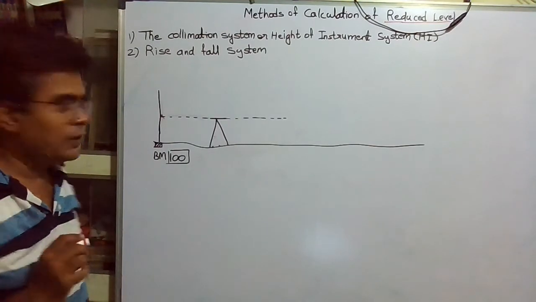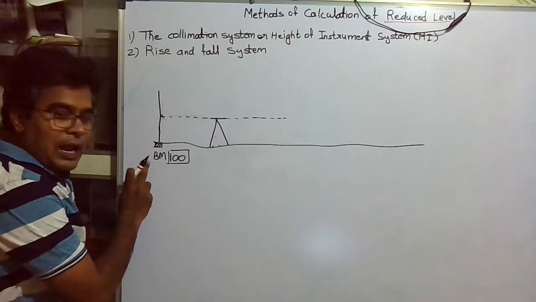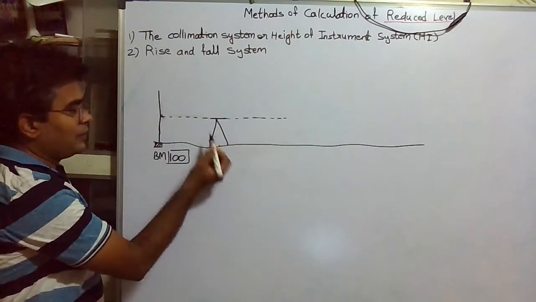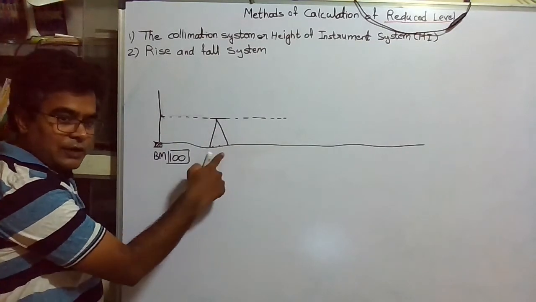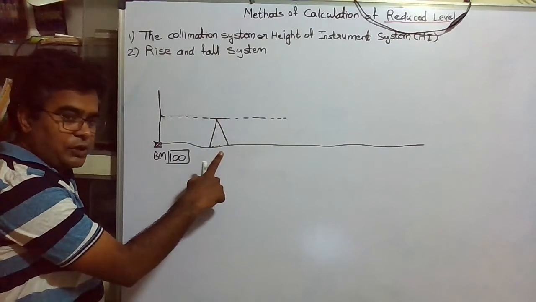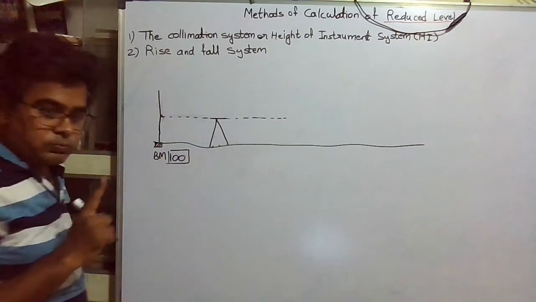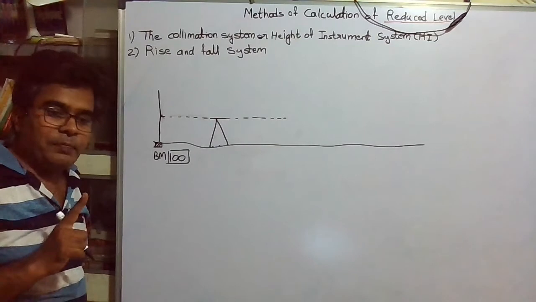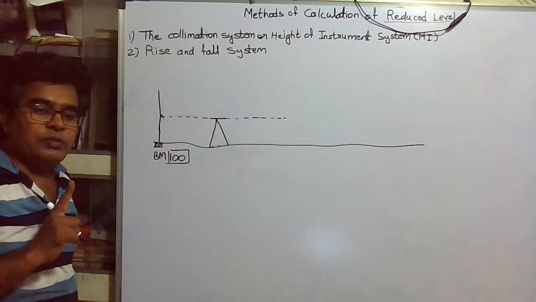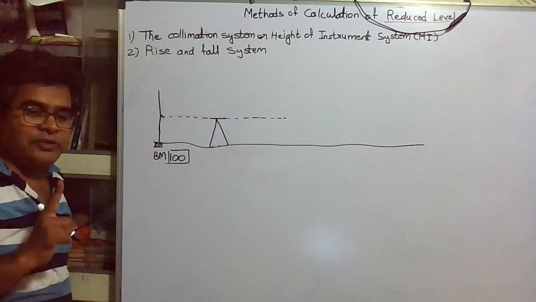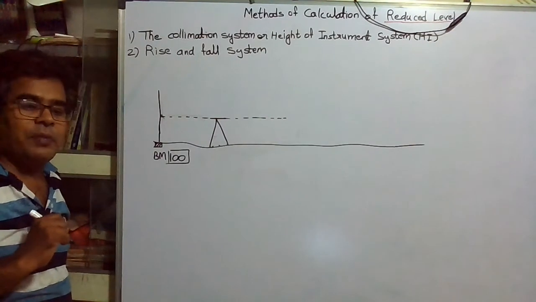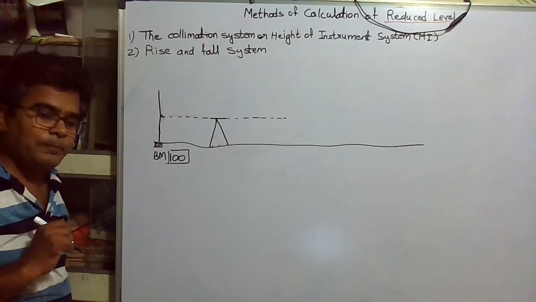How can we determine it? We can determine it by adding the backside reading. This is the level, and we have set it at some point. What is backside? It is the first reading taken with the instrument setup, and generally we always take the first reading at the point of known RL.